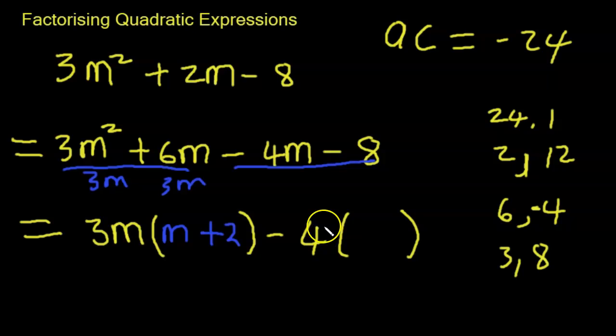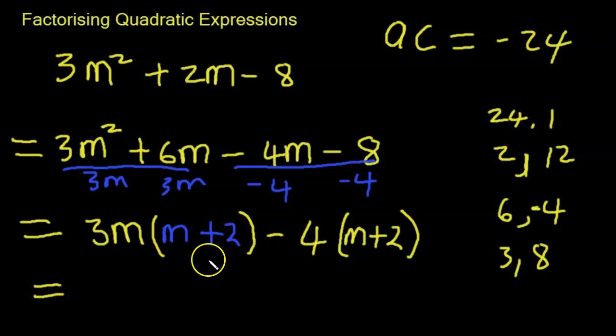Divide each of them by whatever we have outside, the highest common factor, minus 4. So what's minus 4m divided by minus 4? So positive 1m, so m. And what's minus 8 divided by minus 4? Negative divided by negative is positive, so positive 2. And as we'd expect, we have our common bracket.